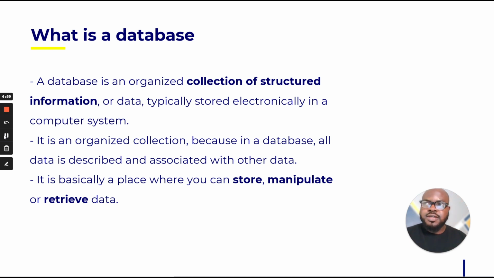So that's one characteristic of the database. It must be stored in an electronic format in a computer system, and it must be structured, because in a database all data is described and associated with other data. So you have data associated with other data, so they are all interconnected, and that makes it a database.